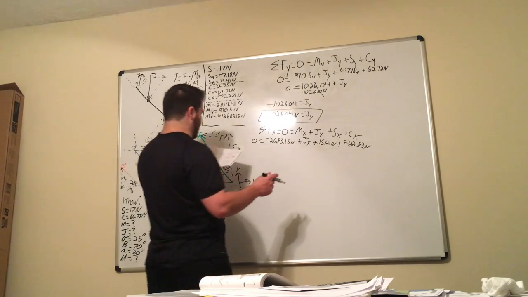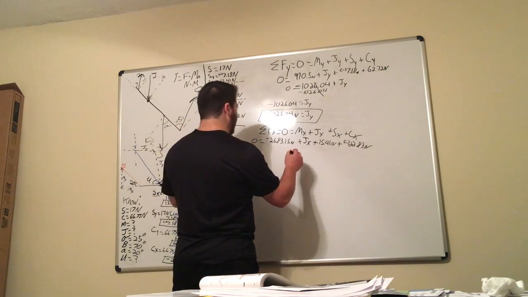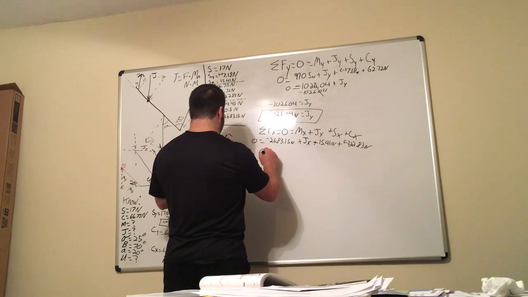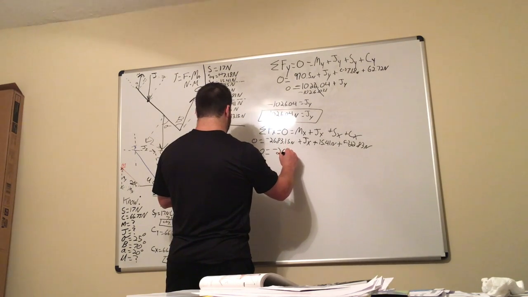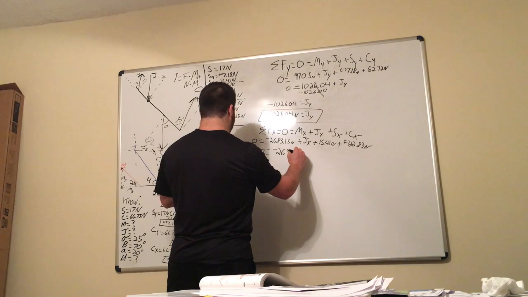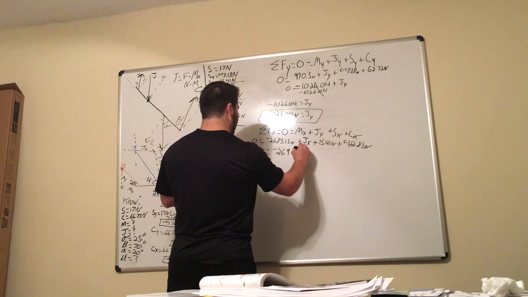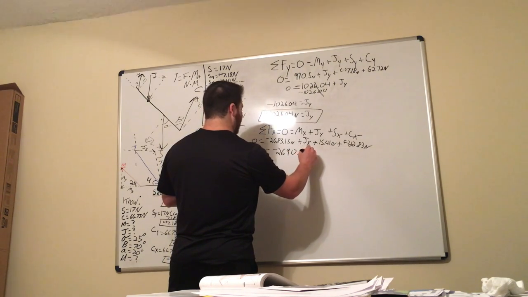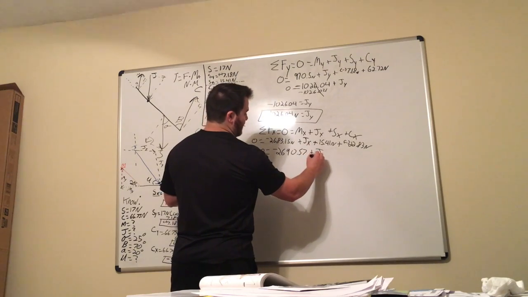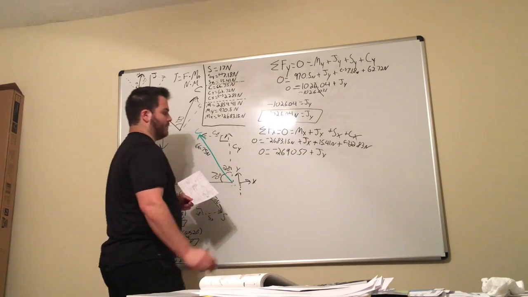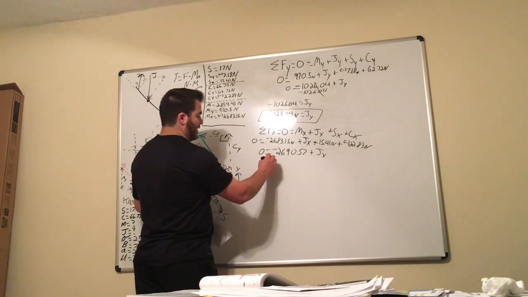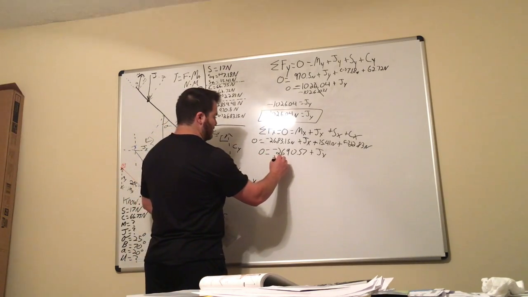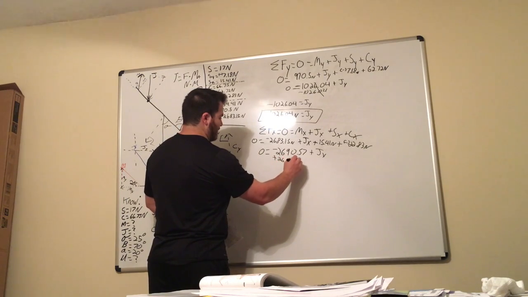And when you do that, you should get 0 is equal to negative 2,690.57 plus our J of x. Then we bring this over to this side, so we can't get this to 0, so plus 2,690.57.